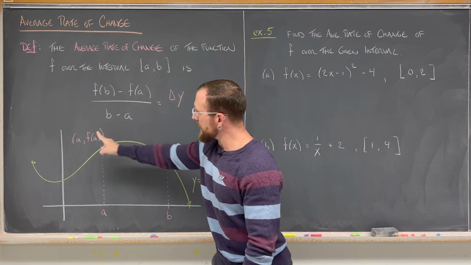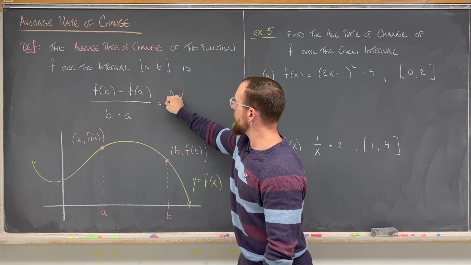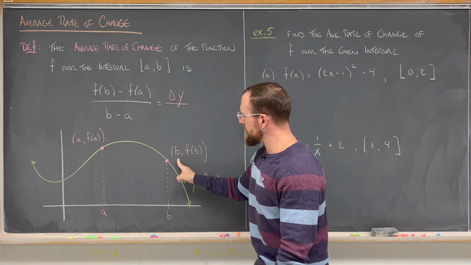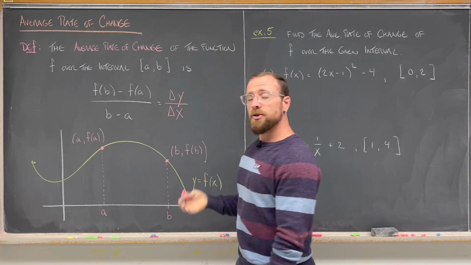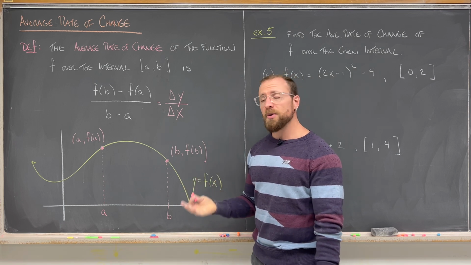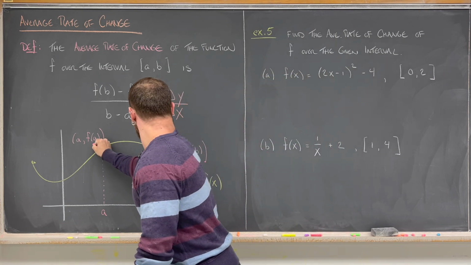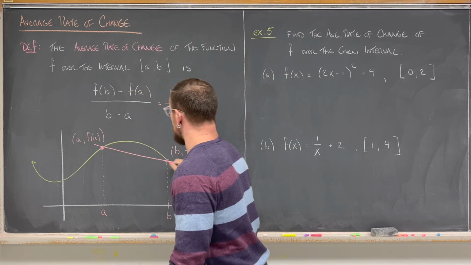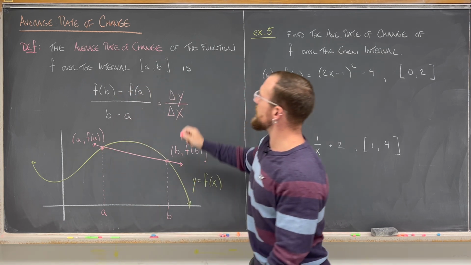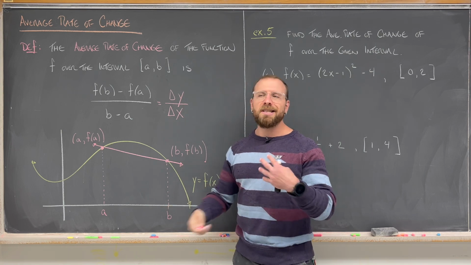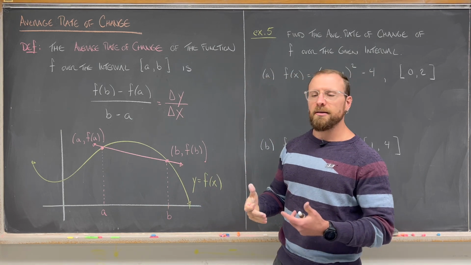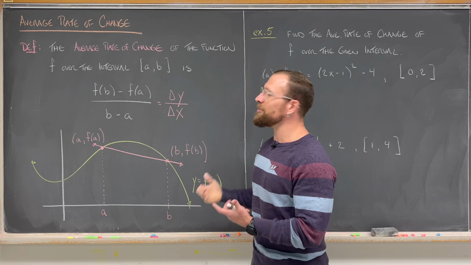F of b minus f of a is change in y. And b minus a is the difference between their x-coordinates. That's change in x. So you really are just calculating the slope of a secant line, of a line that connects 2 points on the graph, the 2 points whose x-coordinates are given. Okay? So we're using different language. We're not using the term secant line and points.